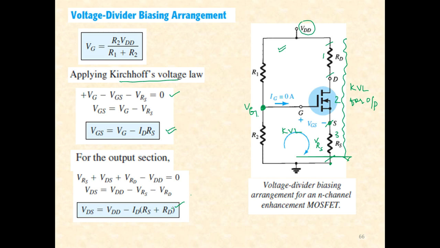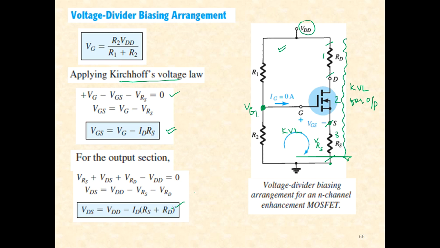The only thing is that you should know how to analyze that configuration. First of all, identify whether the device is a JFET, a depletion type MOSFET or an enhancement type MOSFET. That should be your first identification. Then once you identify the device, you will have to identify the particular configuration.